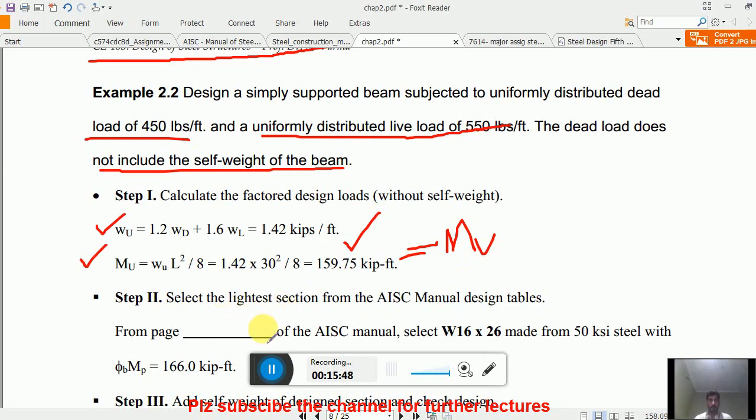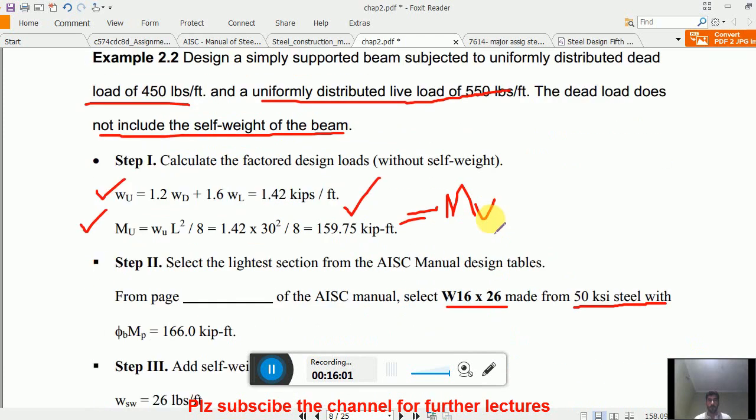You need to write down that page of the AISC manual. Select W16x26 made from 50 KSI steel. We assume 50 KSI, not given, but we can assume. Now the capacity of that section is phi b Mp.